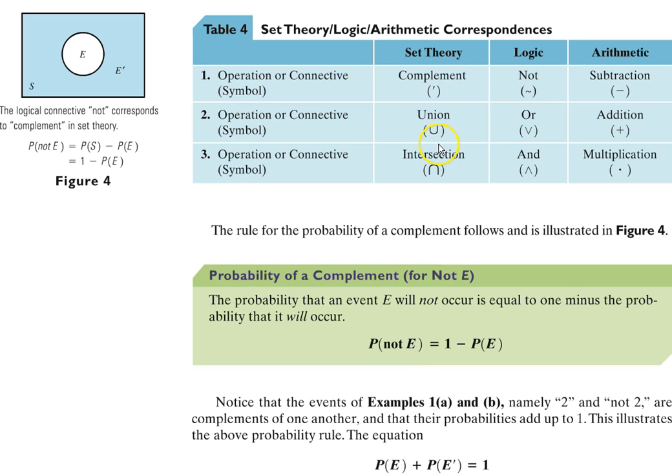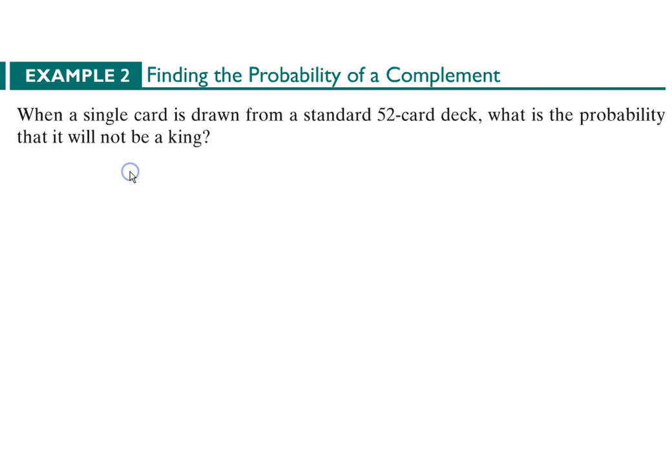Now we've had this chart, we've gone through these lessons, we've seen this Venn diagram showing you the sample space E and E complement and the formula to get it. All right, finding the complement.